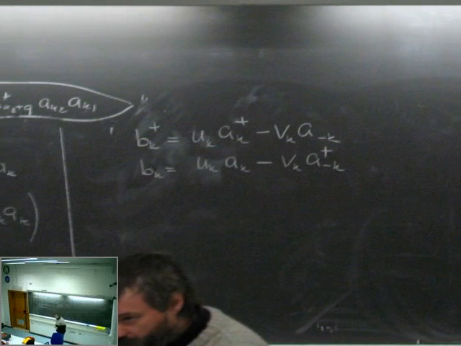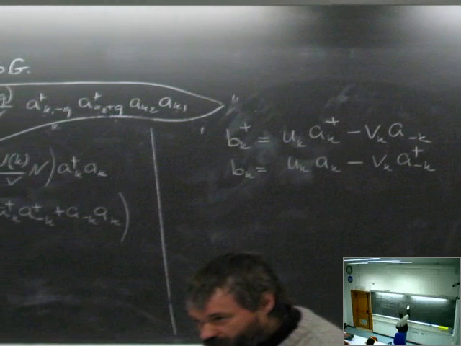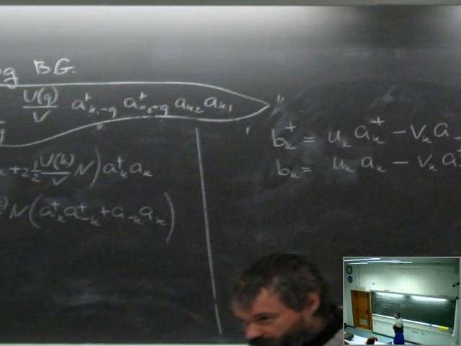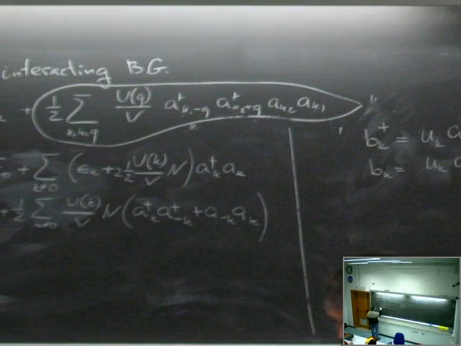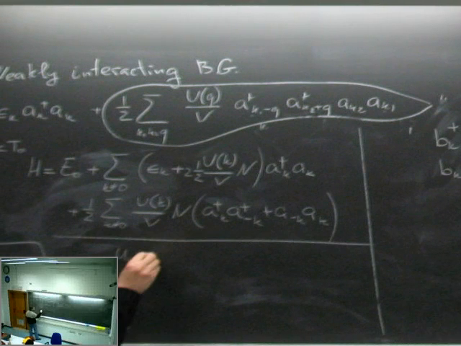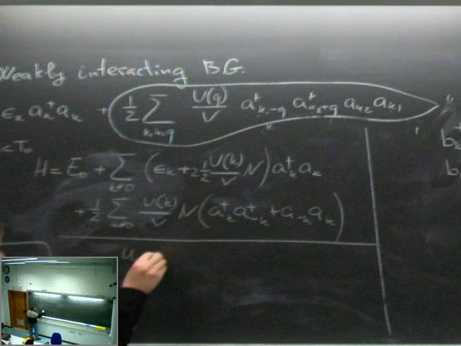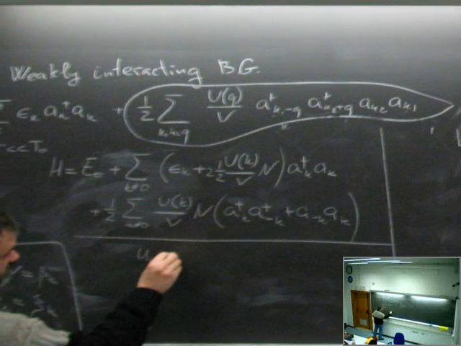So I assume that, first of all, my functions U and V are even functions of k, namely U_k is equal to U_{-k} and V_k is equal to V_{-k}.